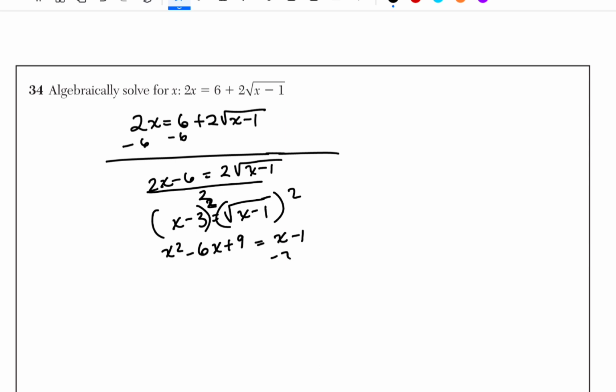And then I subtract x on both sides, add 1 on both sides, and I get x squared minus 7x plus 10 equals 0.